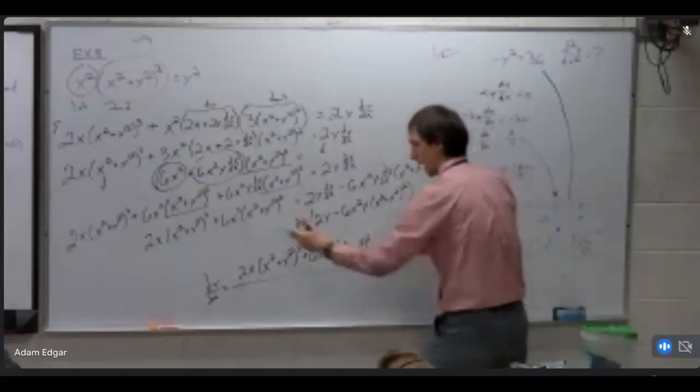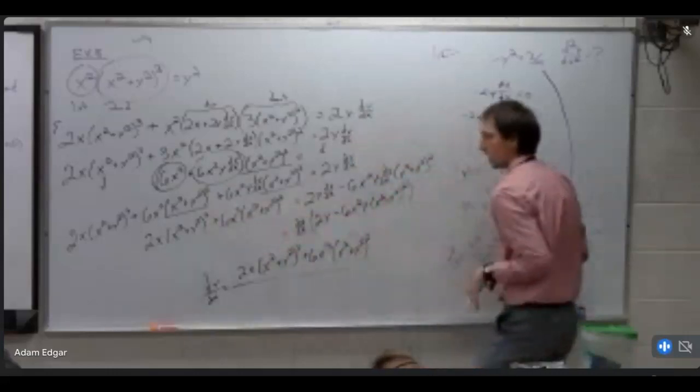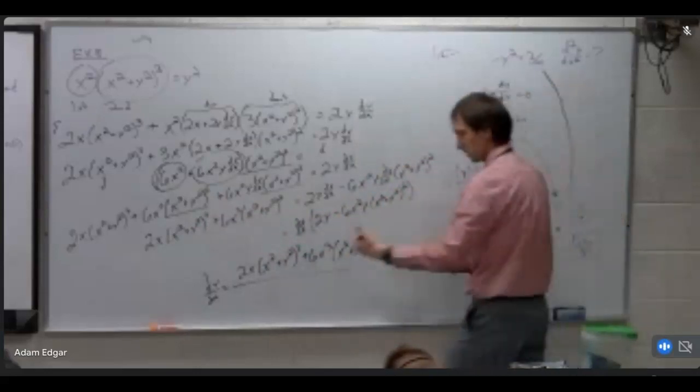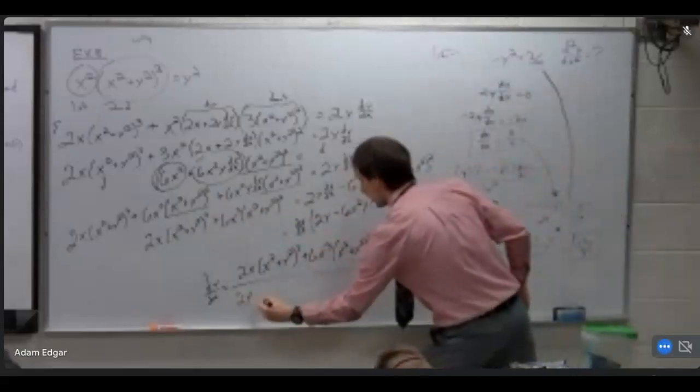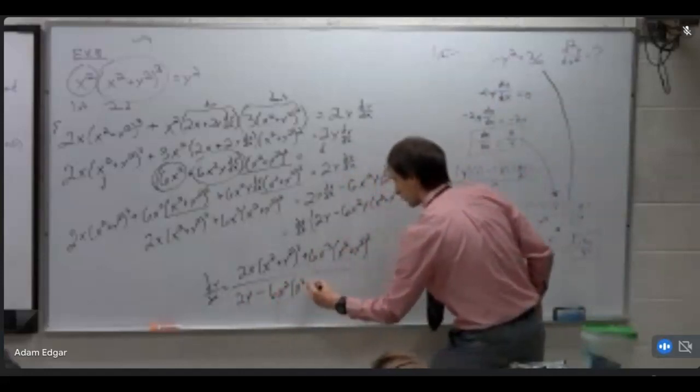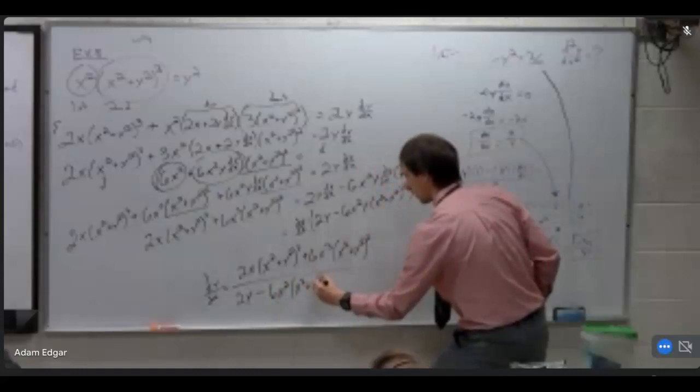So that just gets copied and pasted. And then you divide by this mess after dy dx underneath that. So you have 2y minus 6x squared y times the quantity (x squared plus y squared) squared.